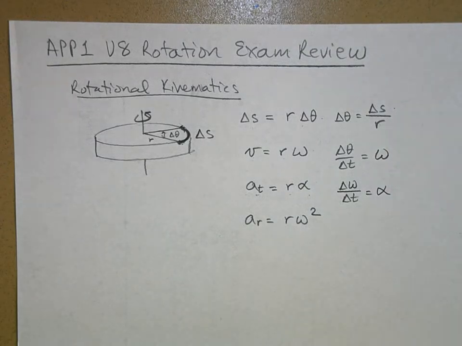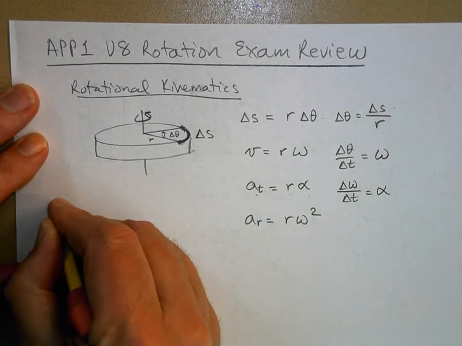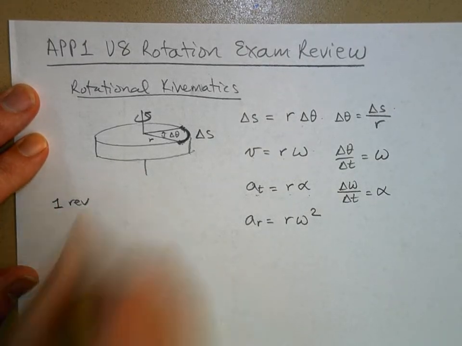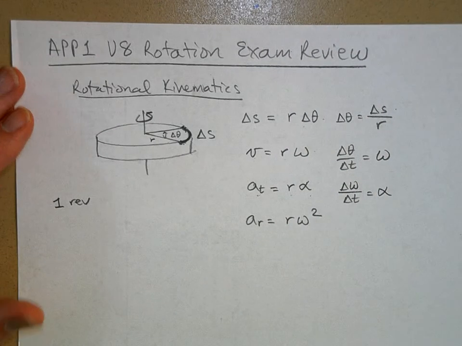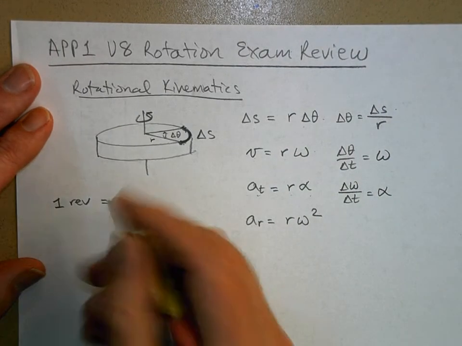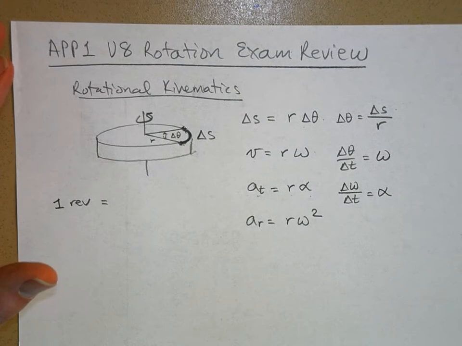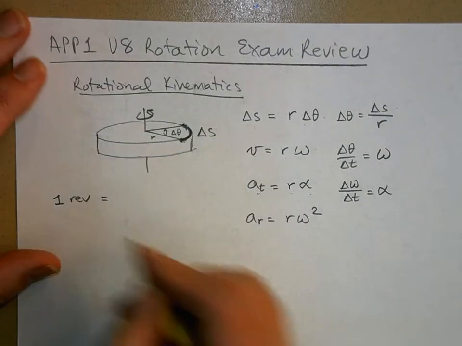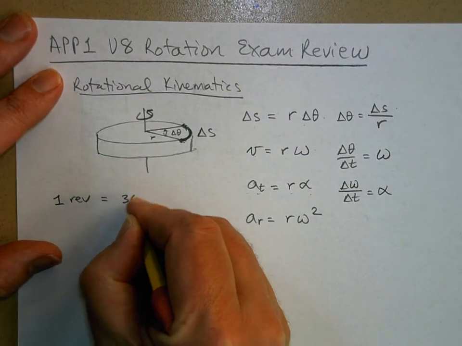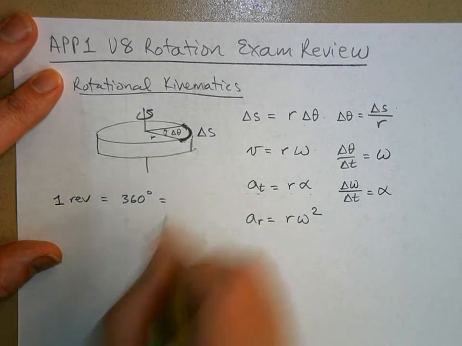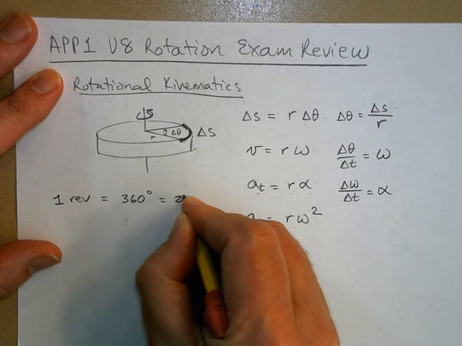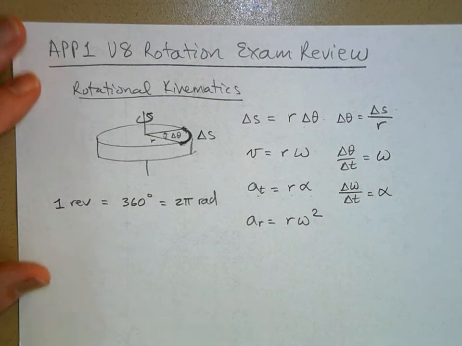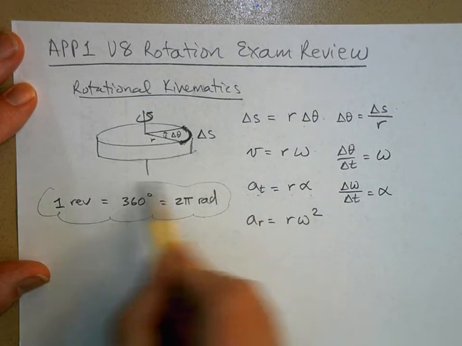Okay. Now, remember that you have different ways of measuring angles. You have revolutions. If you have one revolution, you've gone through one rotation. Sometimes they're called rotations, and in what we're going to study later today, we call them cycles. But a revolution is 360 degrees, isn't it? And 360 degrees is 2 pi radians. So these are the conversion factors you need.